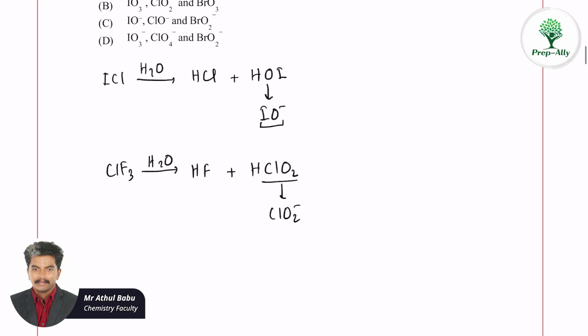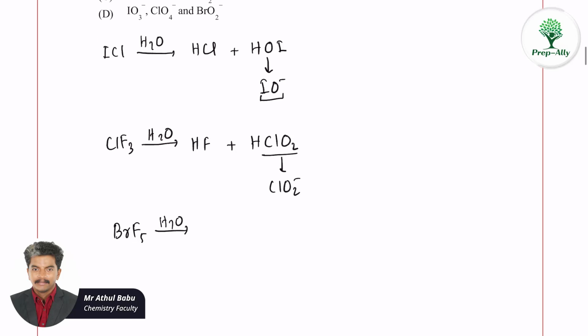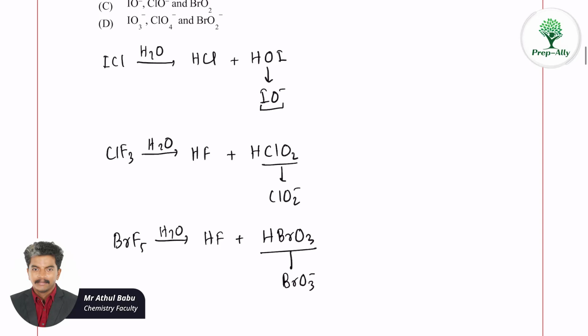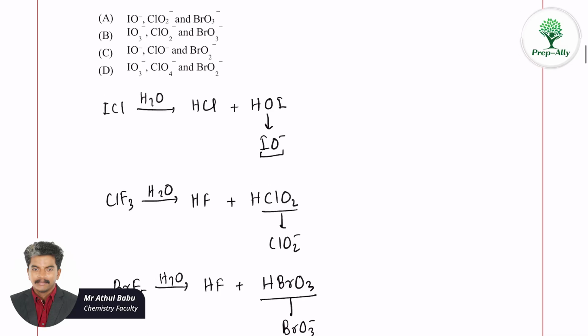Now, if you look at the last one, BrF5, when it will react with H2O, we will be ending up with HF as well as HBrO3, or this will be written as BrO3 minus. So the question, do we need to learn this by heart? No need.